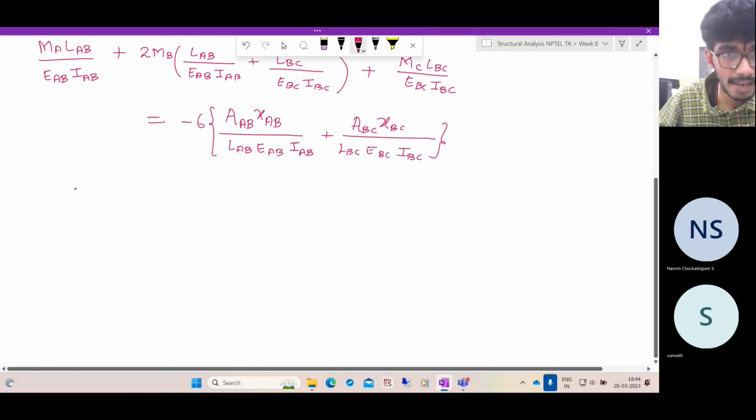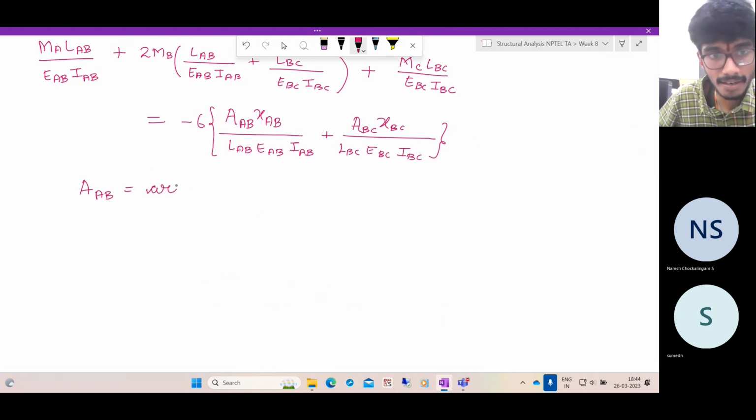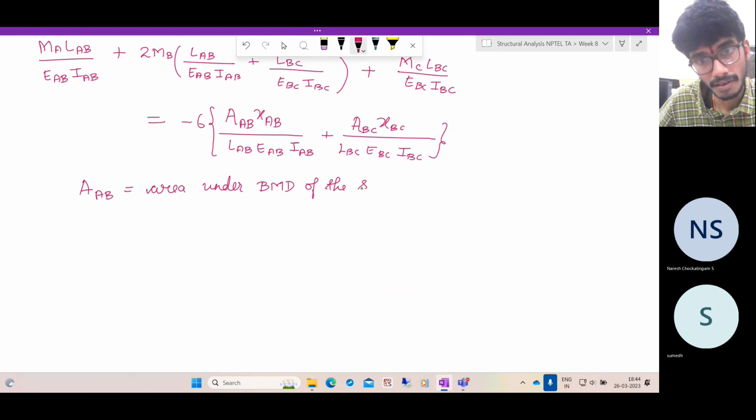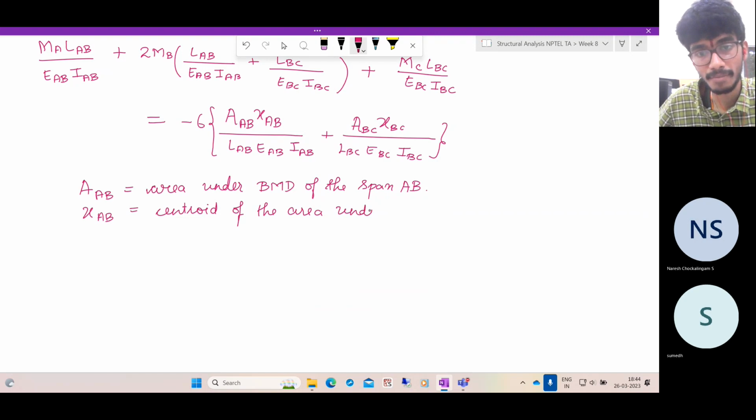Here, AAB is nothing but the area under the bending moment diagram of the span AB, and XAB is nothing but the centroid of that area under the BMD.